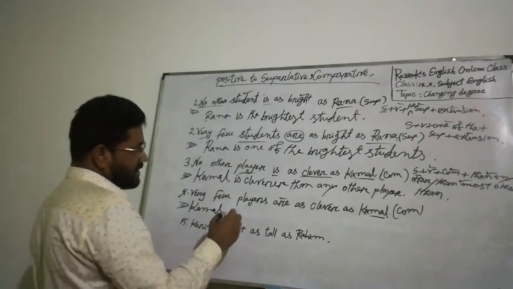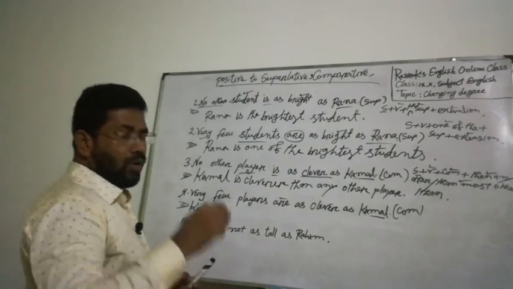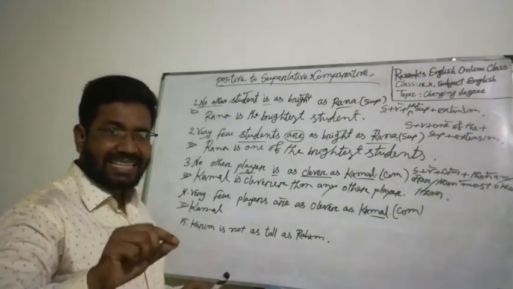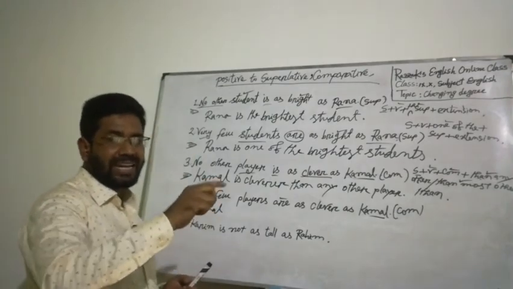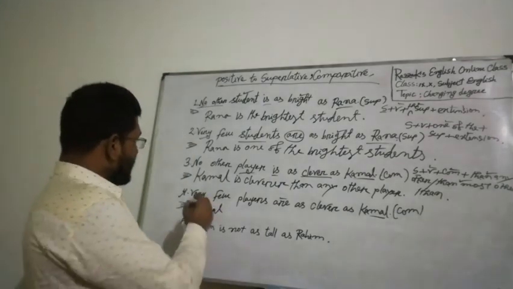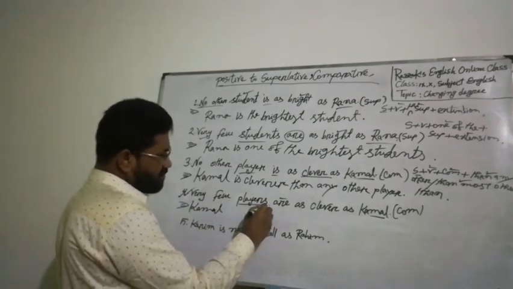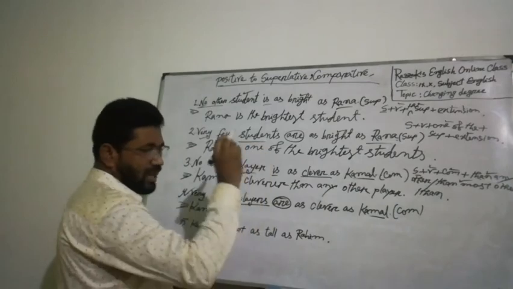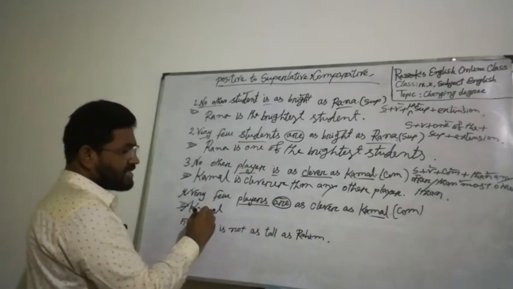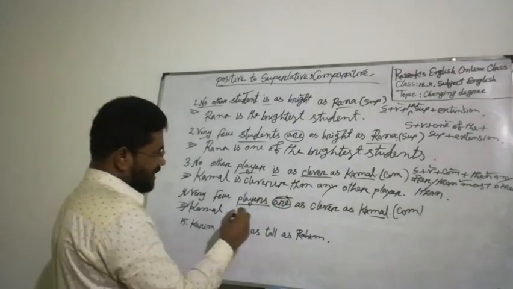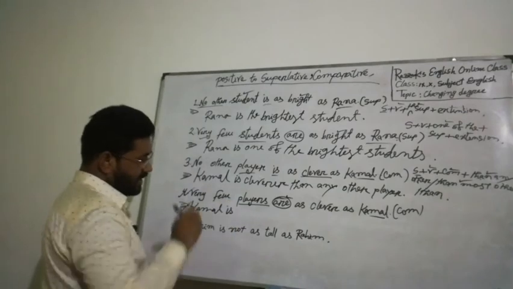Dear students, you should remember that the verb will always be set according to the subject, person and number. So in this sentence the subject was plural, so the verb has been plural. But in this sentence Kamal is singular. So verb must be singular. So we have to use the singular verb is.